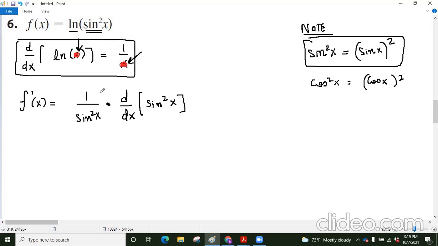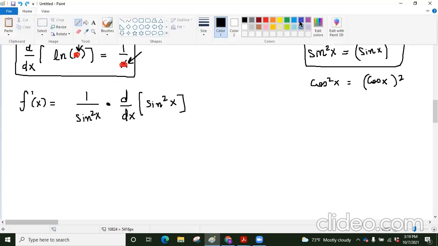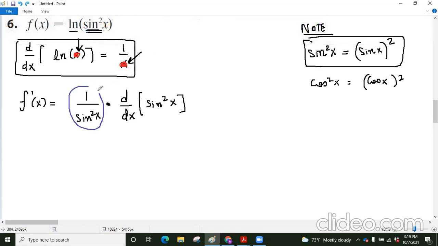So ln of sine of 2x is 1 over sine of 2x, but then we have to go back and multiply by the derivative of the inside. I'm just making clear that we're going to multiply by the derivative of the inside. So this doesn't change the fact that this is going to be in our answer. This is our answer, but multiplied by the derivative of whatever was the inside function, which was sine of 2x.